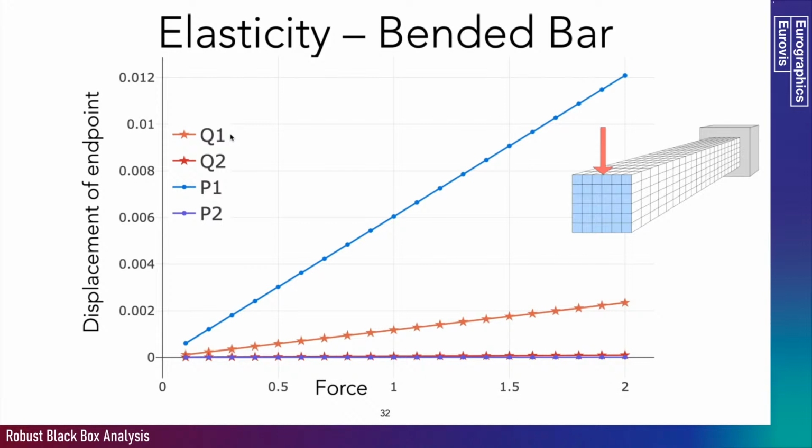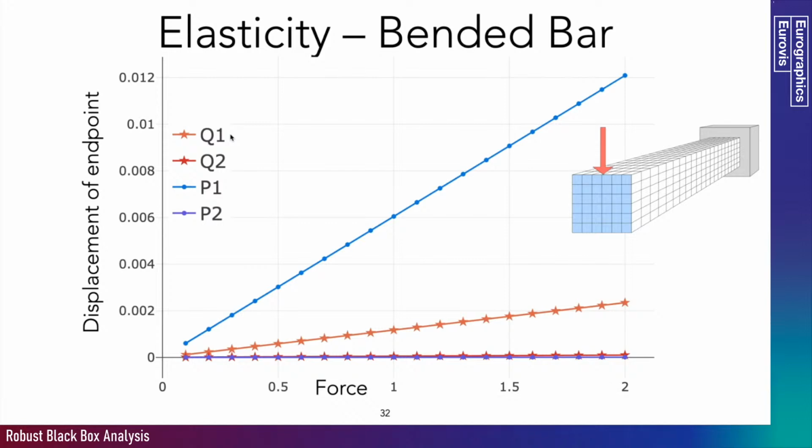From this picture we see that the linear tetrahedra, in blue here, perform really badly. The error is extremely high at the very end, something like 0.012, while linear hexahedra are kind of okay, and at the very end the quadratic elements, both tetrahedra and hexahedra, are performing similarly on the bottom, violet and red.